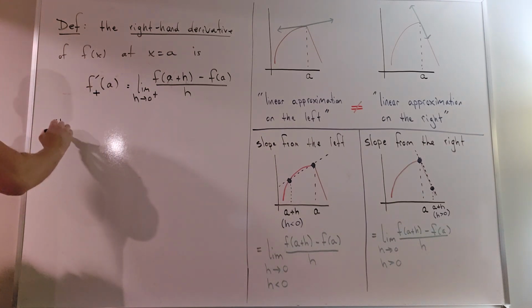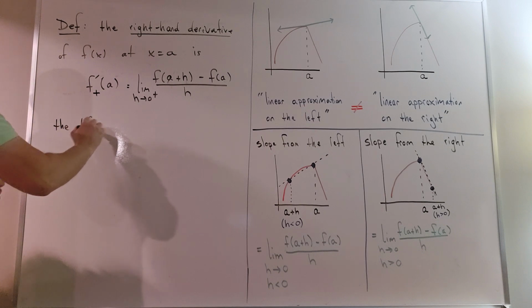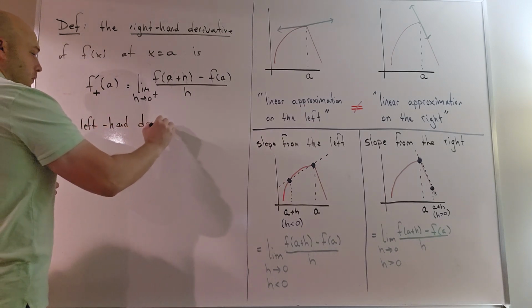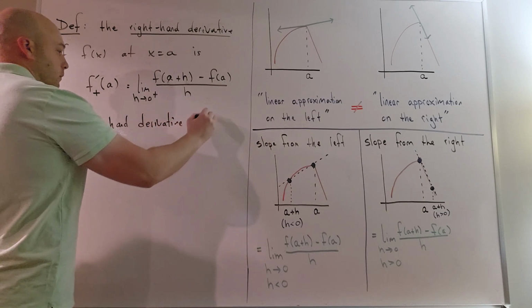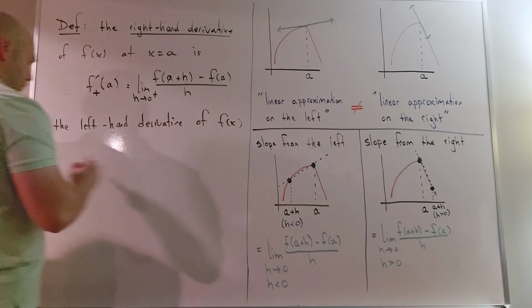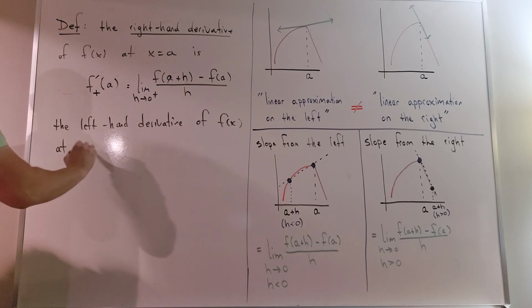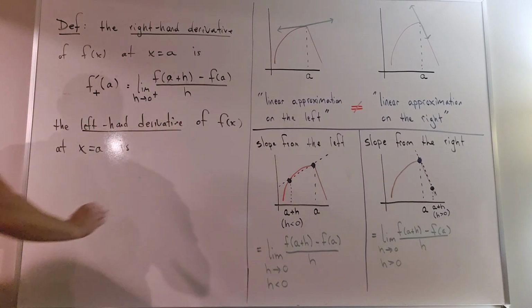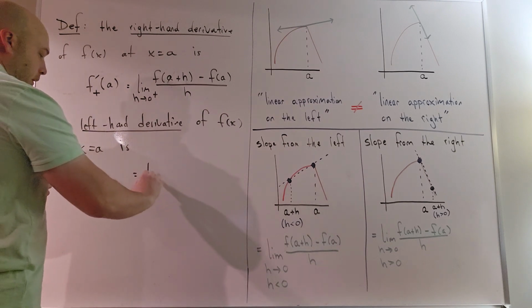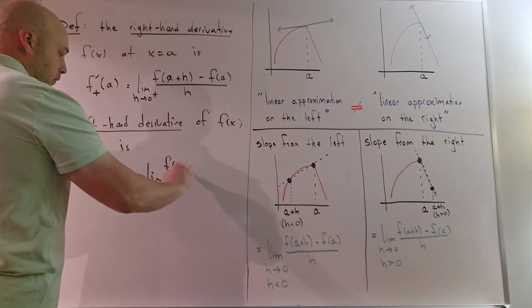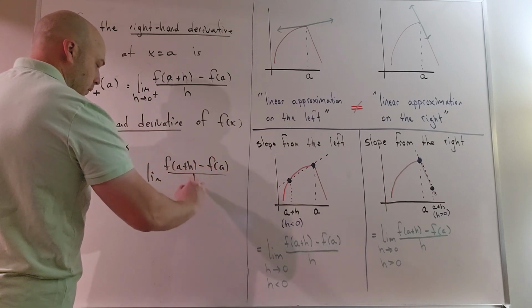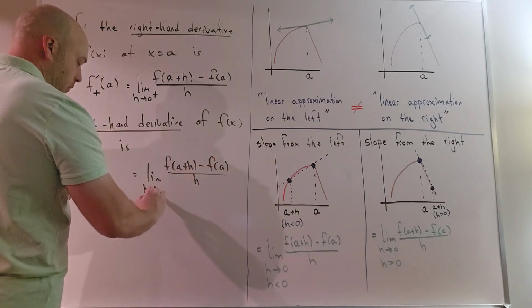Similarly, the left-hand derivative of f of x at x equal to a is, again, a limit of the difference quotient evaluated at a. And I do take the limit as h goes to 0.